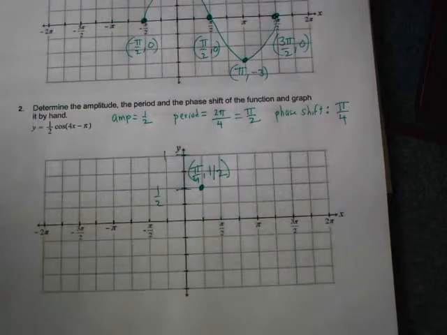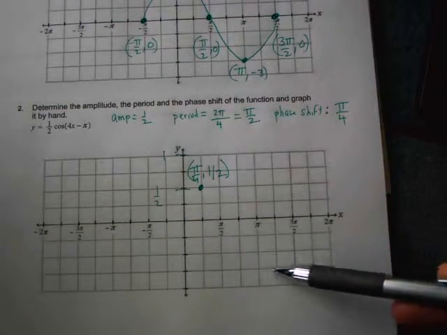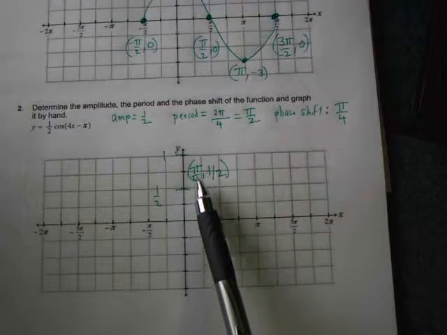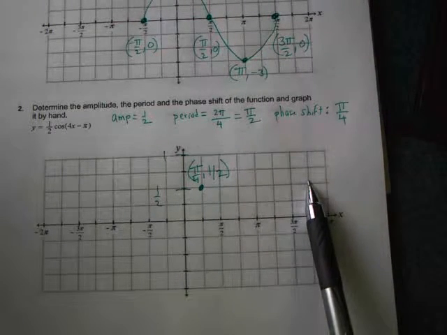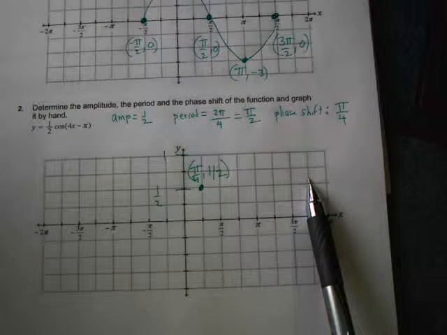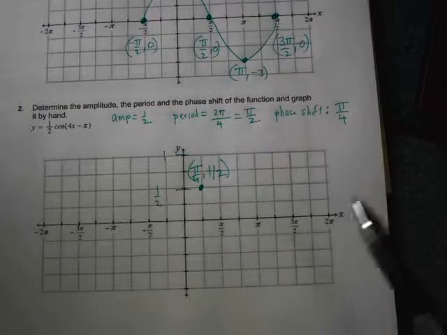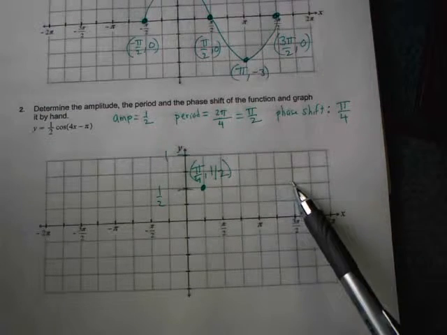Okay, so cosine graph. Cosine graph starts high, goes down, and then comes back up, correct? So I'm going to start at pi over 4. Where am I going to end? What do we call the distance from the start to the end?